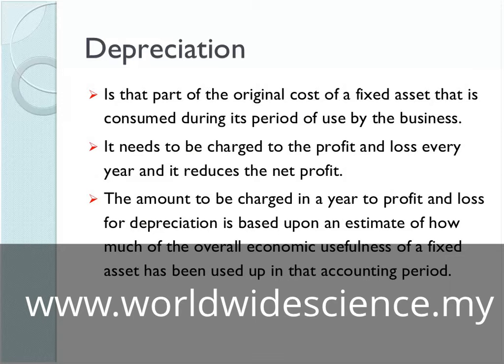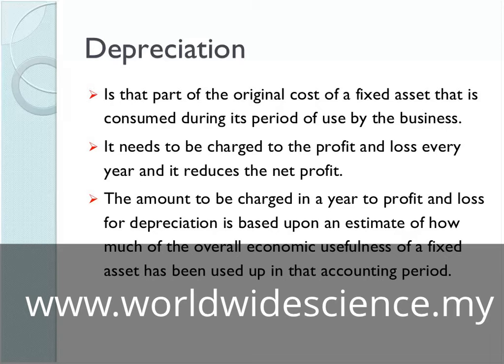So depreciation is that part of the original cost of a fixed asset that is consumed during its period of use by the business. It needs to be charged to the profit and loss every year, and it reduces the net profit. So you must remember, when we prepare the profit and loss account or income statement, we always must show in this statement the depreciation.